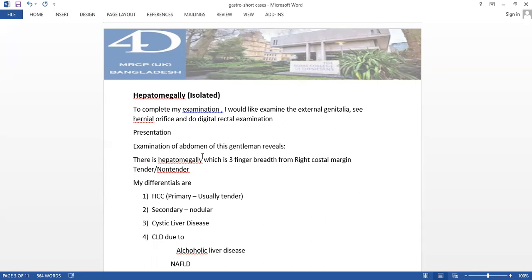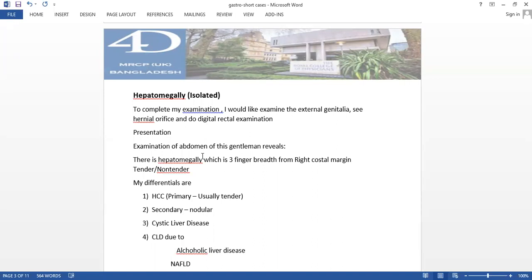Yes, there is tender and non-tender hepatomegaly. Sometimes primary hepatocellular carcinoma may be non-tender, and sometimes acute viral hepatitis may be non-tender in the resolution phase.